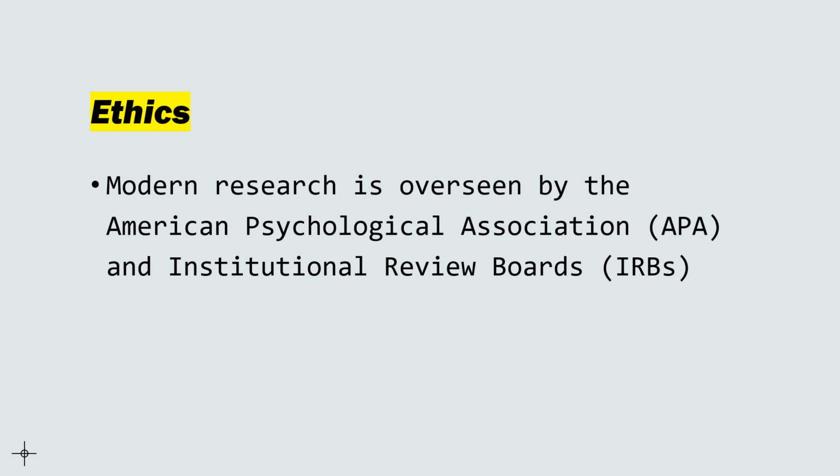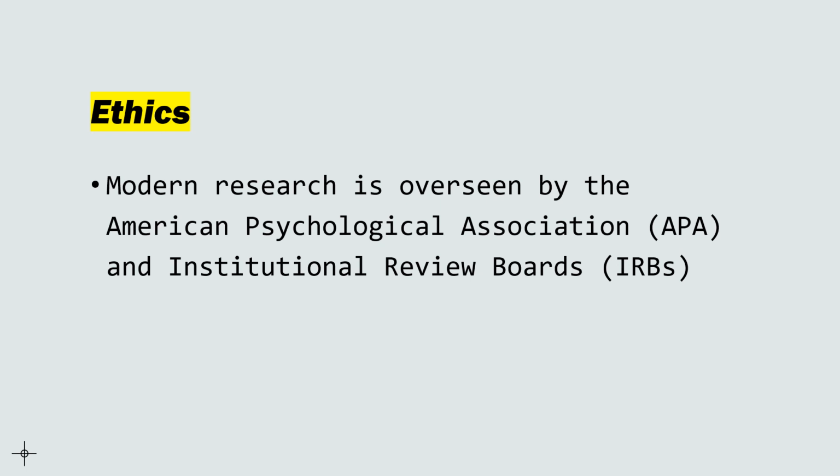So at most universities, if they do research, if I wanted to do a study, I would have to fill out a very lengthy application where you describe everything about your study. What are you planning to do? What are your hypotheses? What's the theoretical basis? What population are you going to use? You pretty much have to use what's called informed consent, where you tell your participants, this is what this study is going to involve.